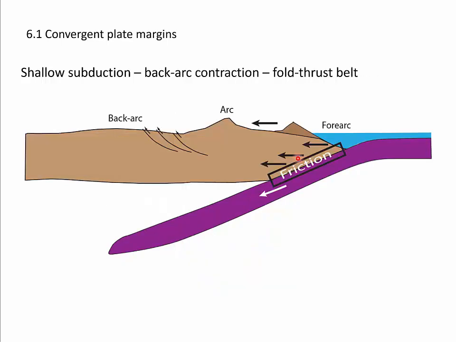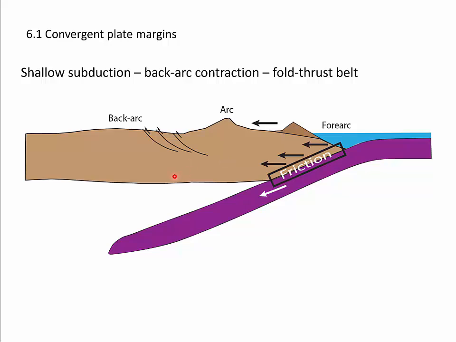What happens instead is that we generate with a shallow subduction more friction because the contact surface between the overriding plate and the subducting plate is significantly larger. This creates contractional forces in the overriding plate.